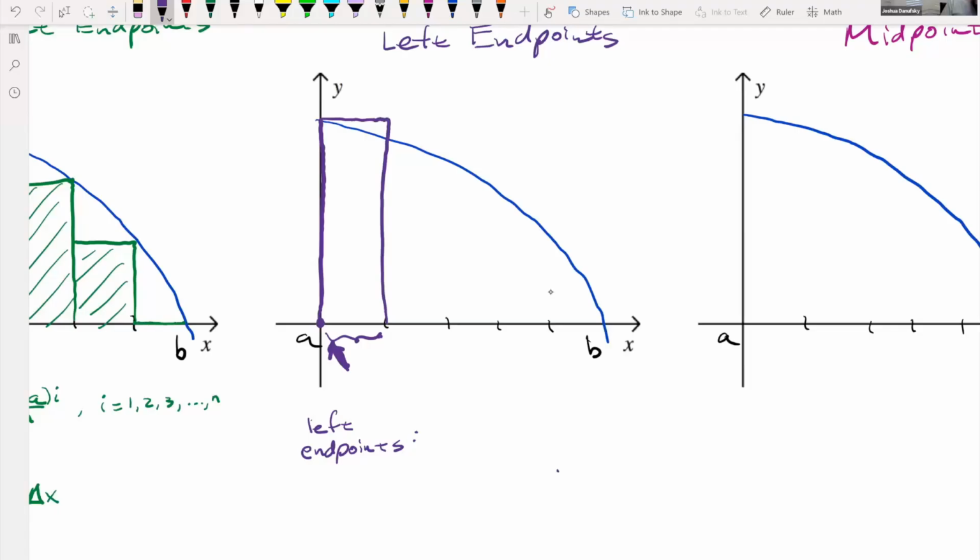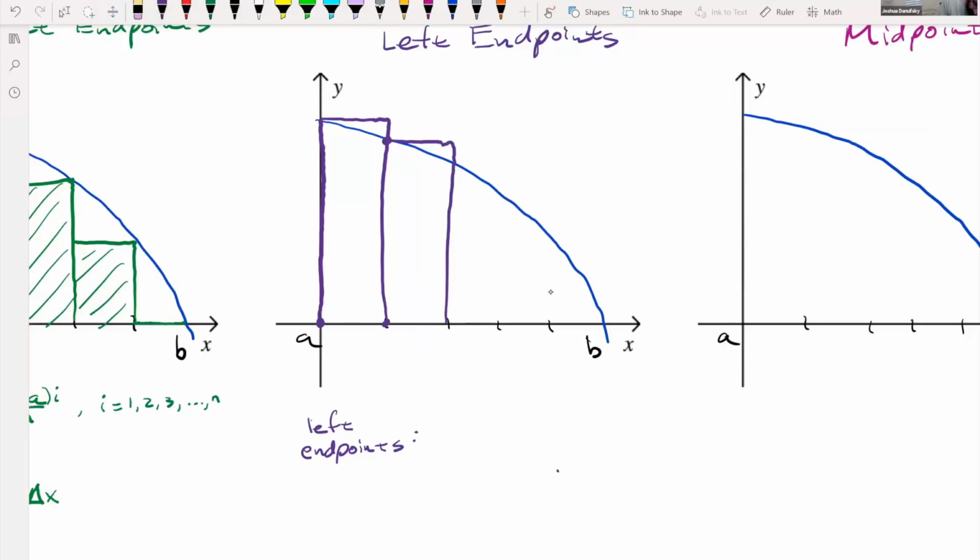The height of that rectangle is based on the value of the function at that left endpoint. And then for the next one, we're going to get the height of our rectangle from this endpoint, right? The left endpoint on this second interval, which is going to put us there and give us a rectangle that looks like this.